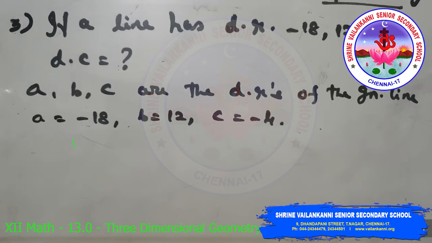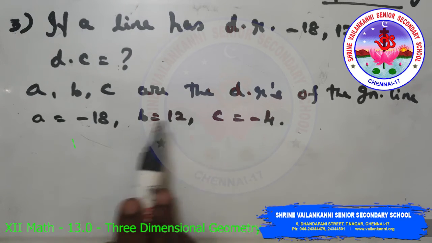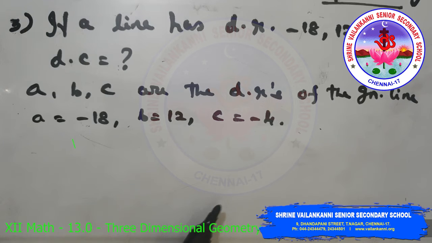Third question: if a line has the direction ratios minus 18, 12, minus 4, then what are its DCs? We have to find direction cosines in which direction ratios a, b, c are given. a is minus 18, b is 12 and c is minus 4, in which a, b, c are the direction ratios of the given line.